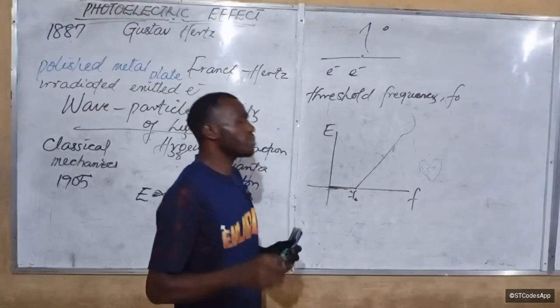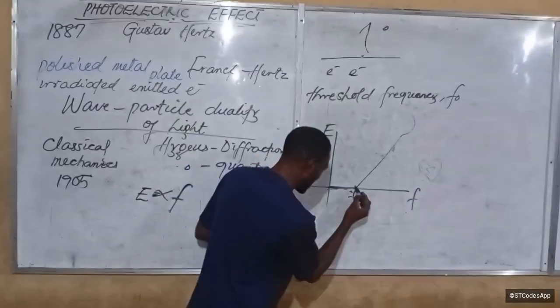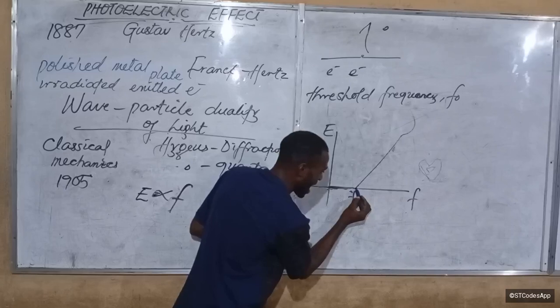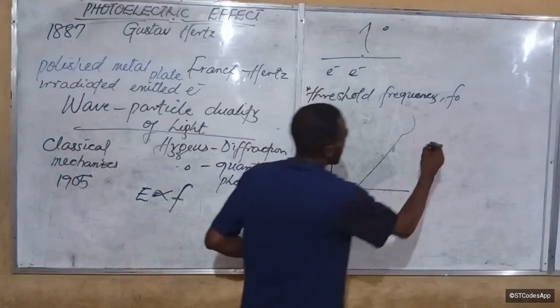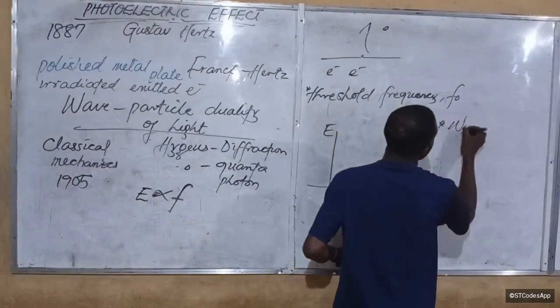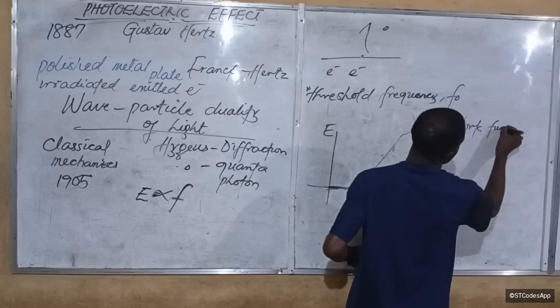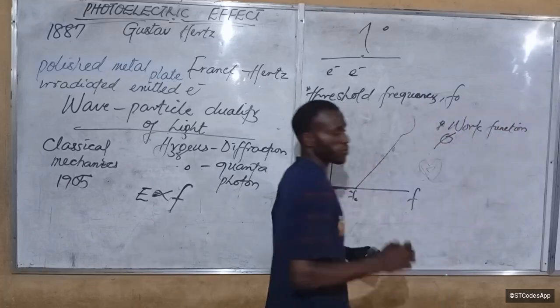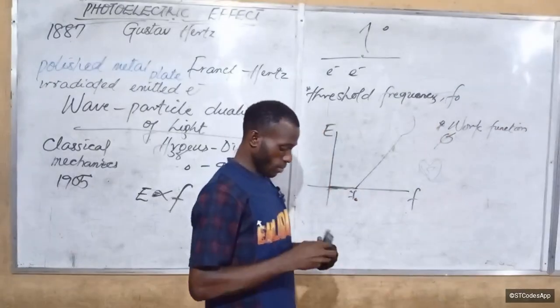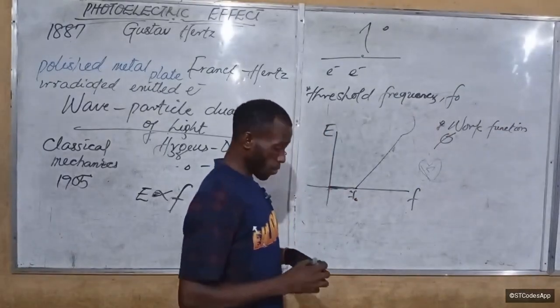So now the minimum energy that they gained at this point here, we have defined this, the minimum energy they gain is called the work function. Work function W or phi. So phi is the classical letter we use to denote it.